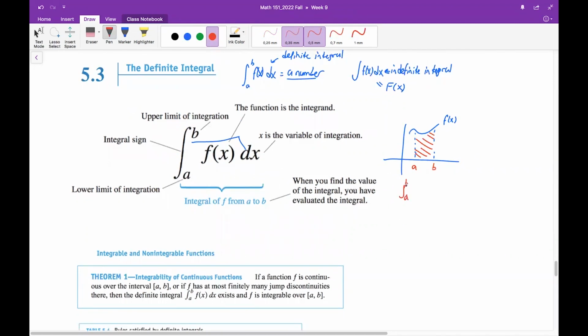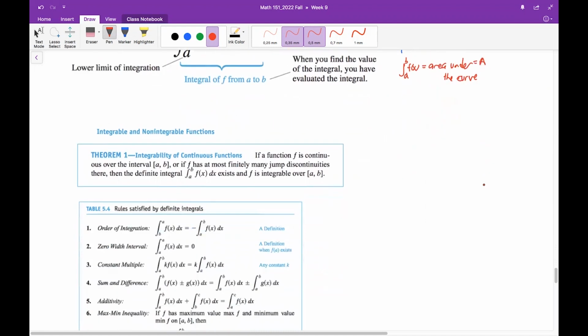The definite integral of this function f of x over the closed interval AB corresponds to the area under the curve. Okay, if this area is 8, the result of this definite integral will be the number 8.